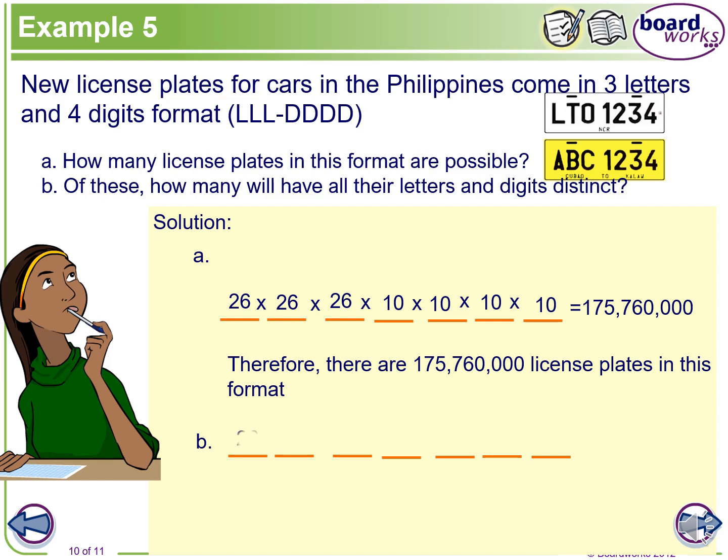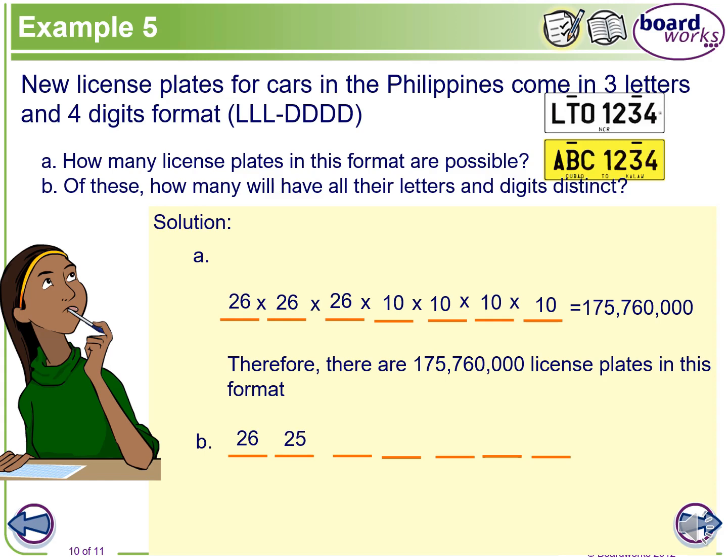So in the first event, choosing a letter, we have 26, right? You can choose there A. So if you choose A, in the second event, you should not choose A because you already have chosen A. In the second event, how many choices can we have? There will be only 25 choices. Why?